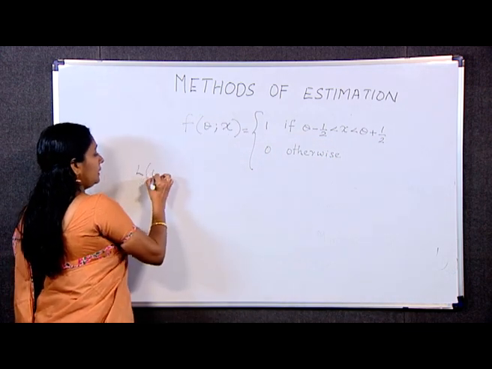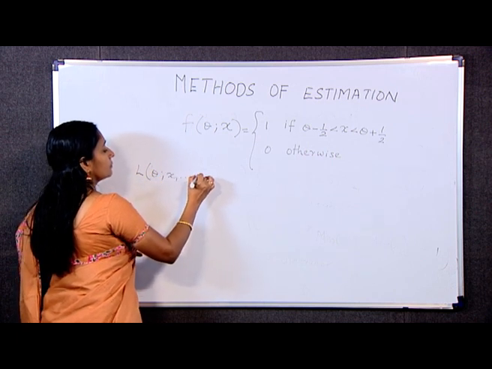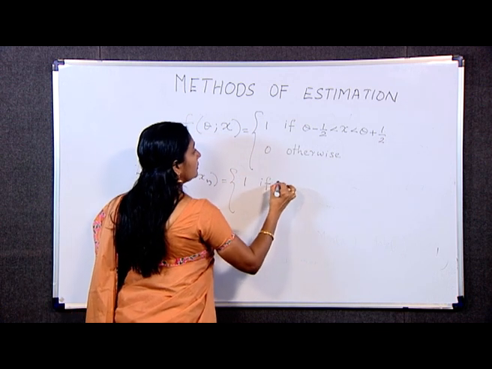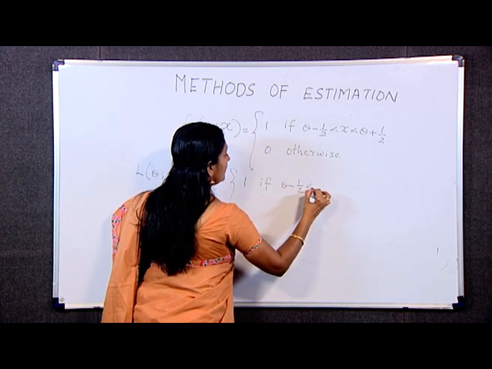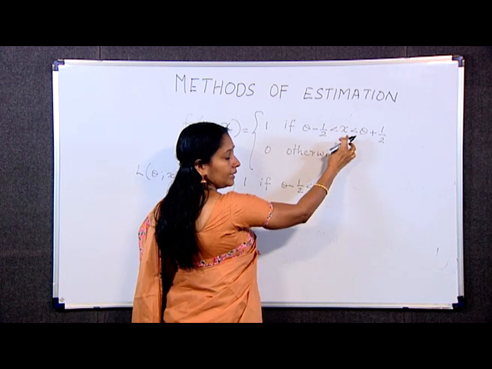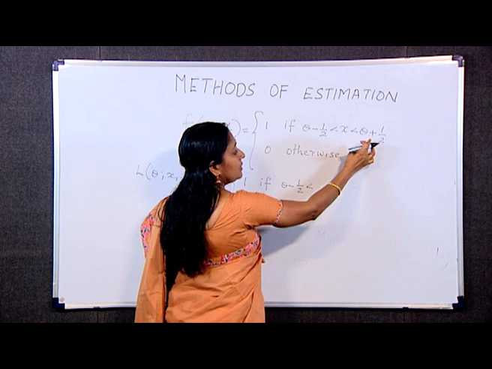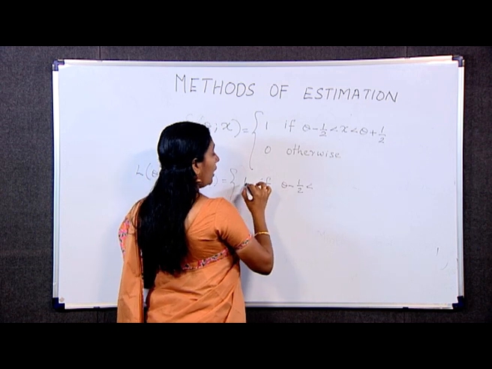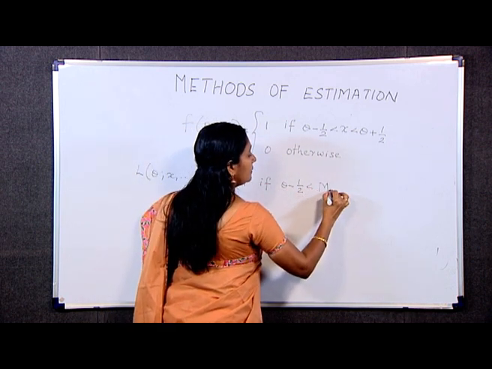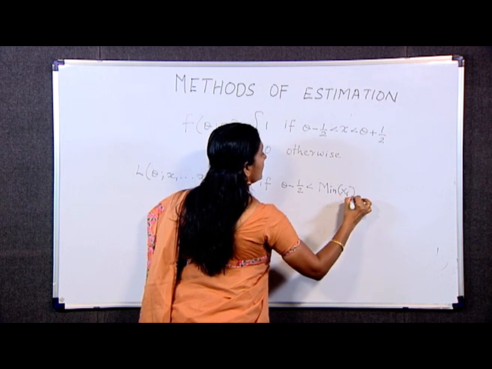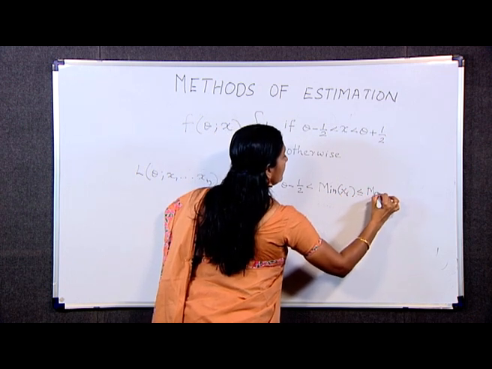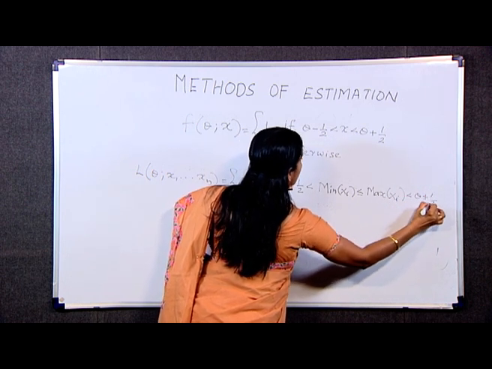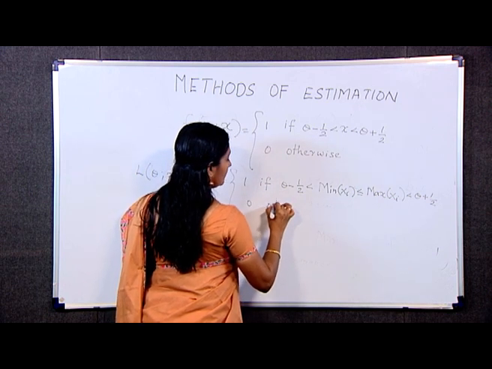The likelihood function is again 1 if theta minus 1 by 2 less than x1, x2, ..., xn less than theta plus 1 by 2, or this is 1 if theta minus 1 by 2 less than minimum of xi less than or equal to maximum of xi less than theta plus 1 by 2, 0 otherwise.